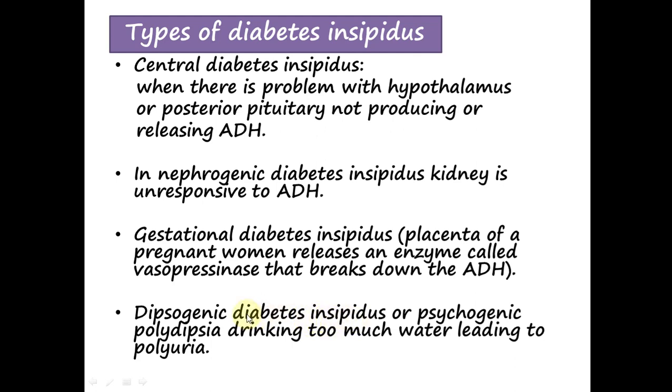For example, patients of schizophrenia may compulsively drink large amounts of water, and as a result they will pass large amounts of urine, and these patients also suffer from polydipsia and polyuria, but they have no organic problem. The problem is purely psychological.